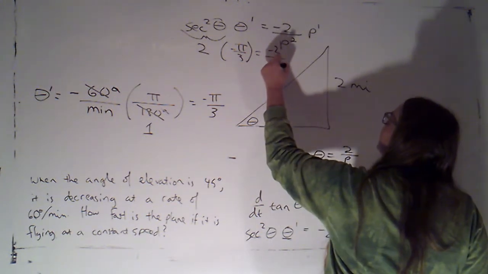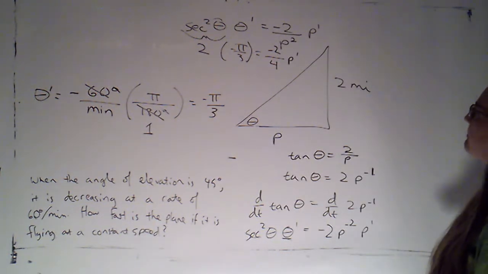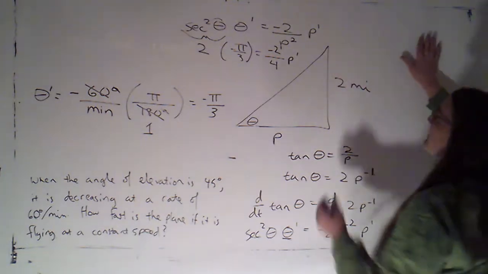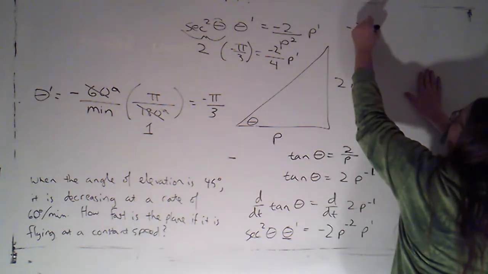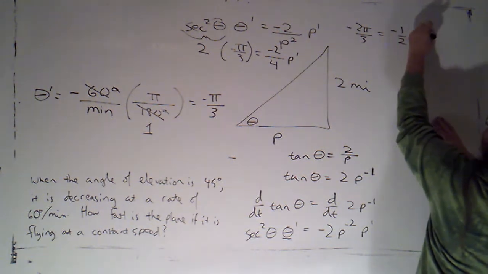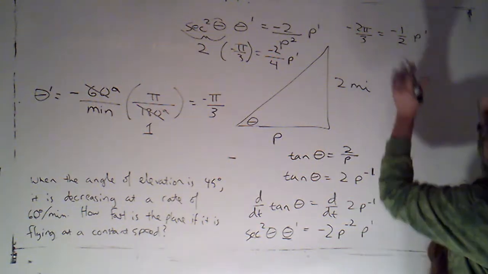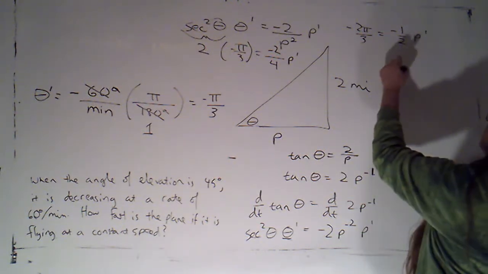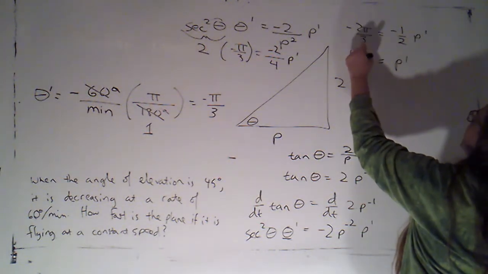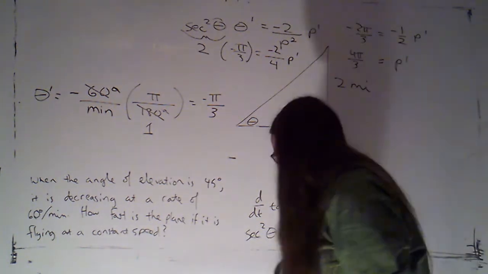So p squared would be 4, and then we get p prime. All right. So just coming over here, that's negative 2 pi over 3 equals negative 1/2, reducing that negative 2/4, p prime. Multiply both sides by negative 1, p prime is 4 pi over 3. Okay, excellent.